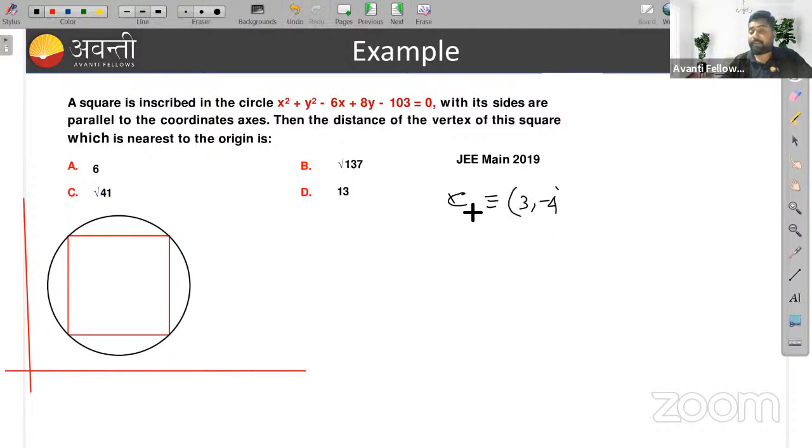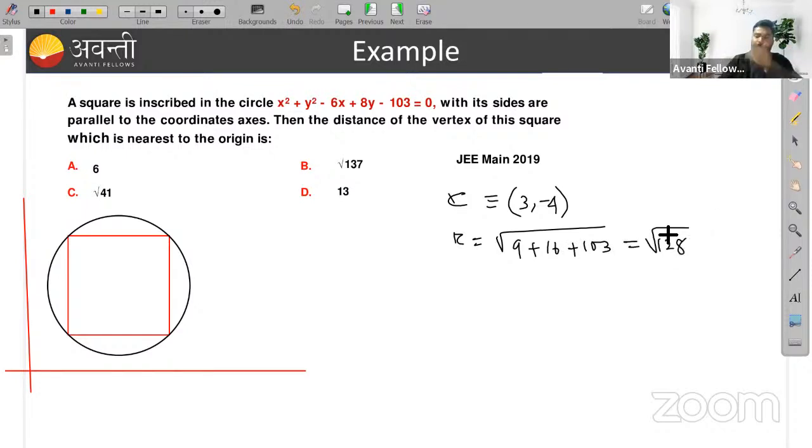Okay, and what is the radius? Radius will be the root of g square, that is 9, plus f square, that is 16, minus c, that is plus 103. That is the root of 128, and root of 128 is actually 8 root 2.